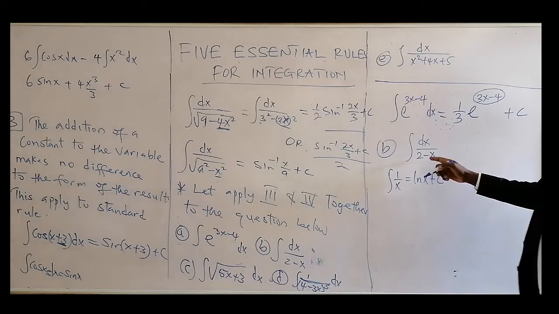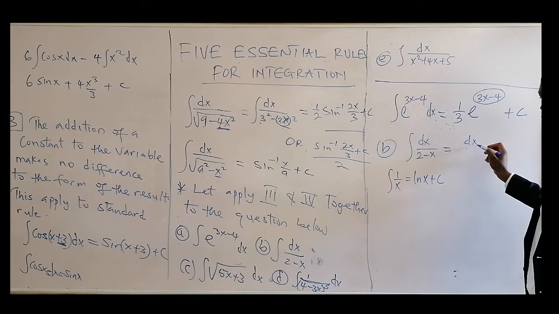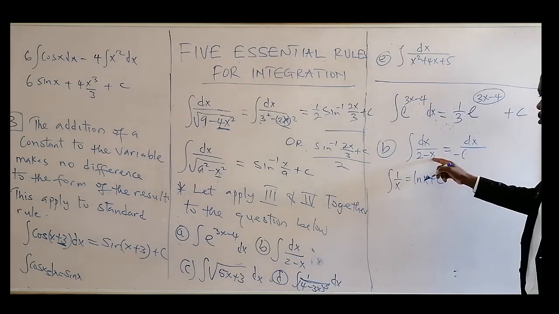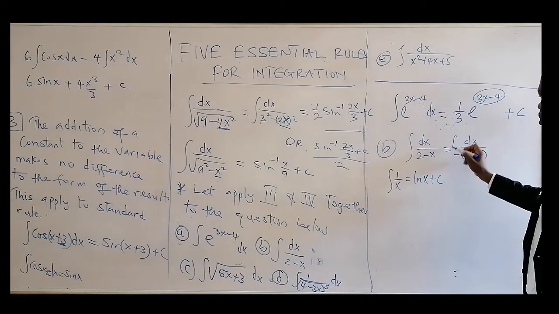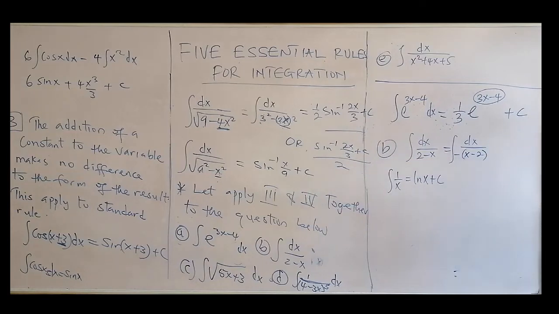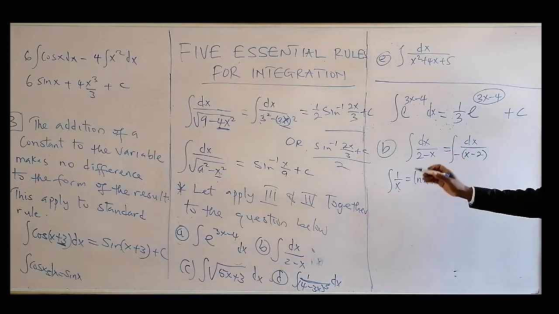Let's take the minus out here. I'll tell you the reason for doing that. If you take the minus out, minus into brackets, this will now become x minus 2. The reason we are taking the minus out is that we want to conform to the standard rule.